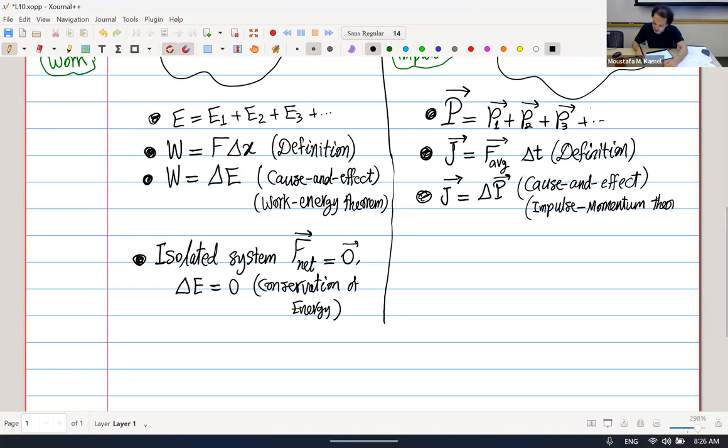As you can see, it's exactly analogous to the energy case. And again, if we have an isolated system, meaning the net force is equal to 0, that leads to delta P being 0, or conservation of momentum.